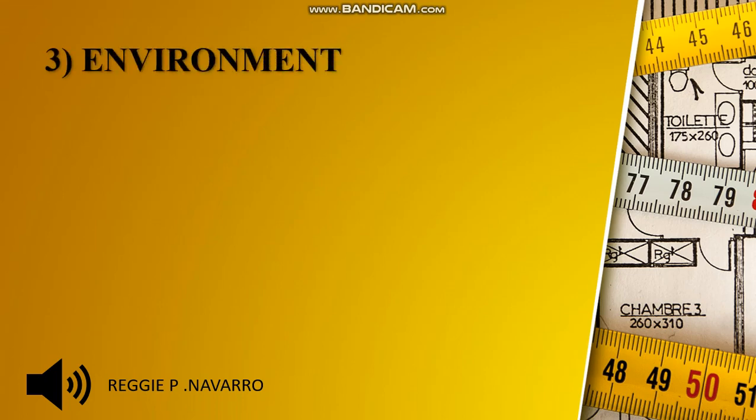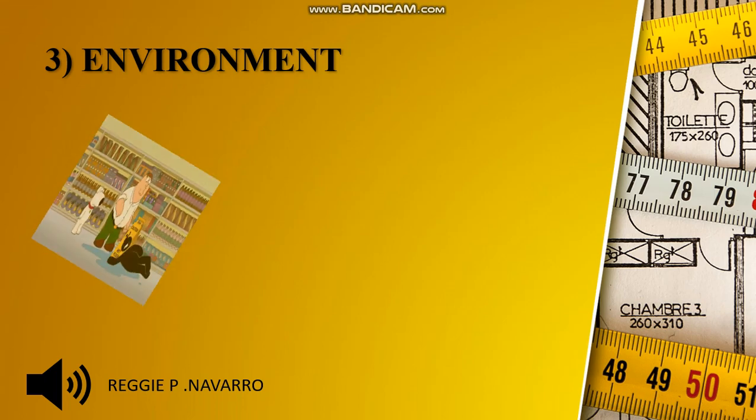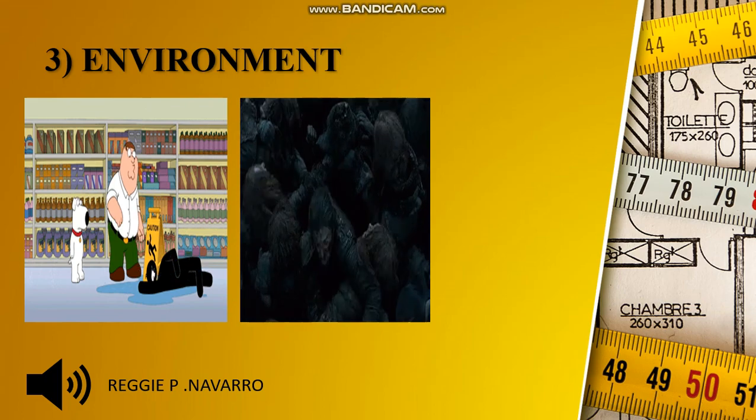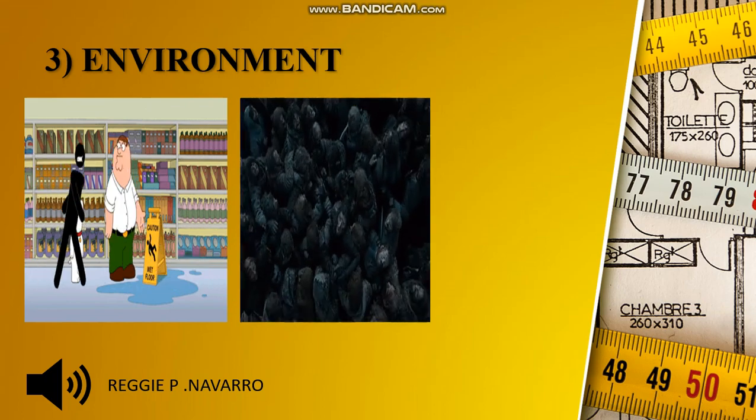The next type or cause of this hazard is the environment. The environment may contribute to hazards in material handling because it could lead to injuries. An example of this hazard is slips or trips due to wet or icy surfaces in the workplace. That is why we should clean the workplace to avoid injuries.